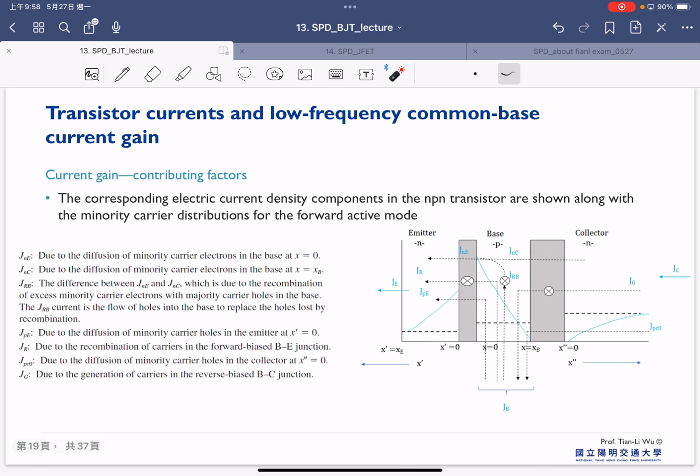Okay, so here is just a summary of what we have shown. We have a very similar profile to what we drew before, and this is the detailed description for each of the current contributing factors.